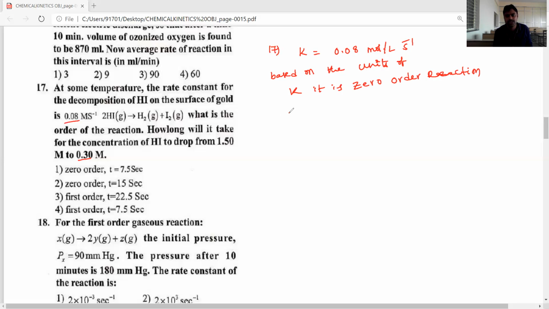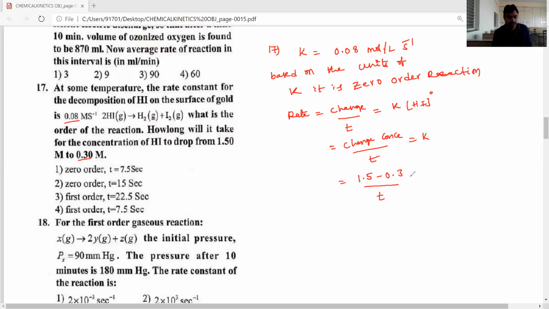For this case, rate is nothing but change in the concentration by time interval, which is equal to K into the concentration of HI to the power of 0, which is nothing but change of concentration by time equal to K. Change of concentration is 1.5 minus 0.3, by the time interval.